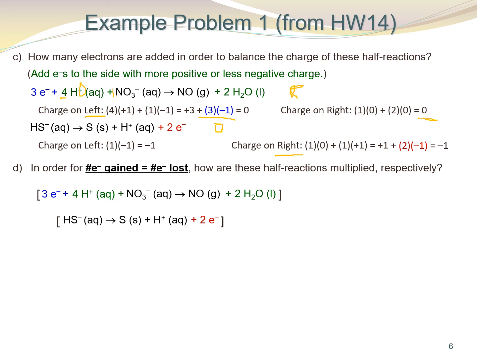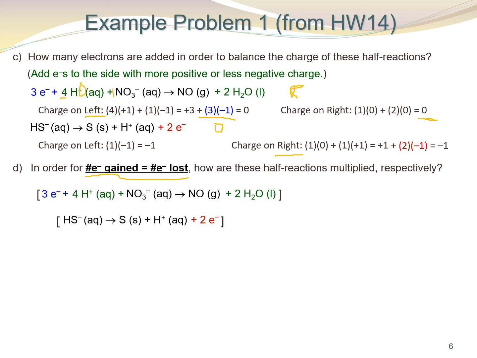Third, we need to balance electrons. So that is why you see here we have the number of electrons gained equals the number of electrons lost. So what are we going to do with these half reactions where either 3 electrons or 2 electrons are a part of the reaction?